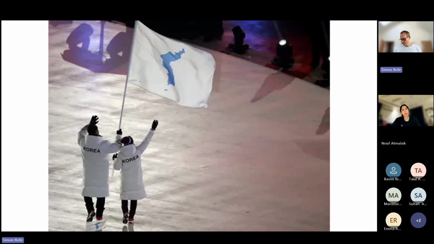Mansur, does that help? Yes, but I would assume these guys are from South Korea, right? There's one South Korean, one North Korean. Oh. So this was a joint endeavor, and again, this speaks to the power of sport. At the 2018 opening ceremony, their athletes walked in together under this Korean flag.